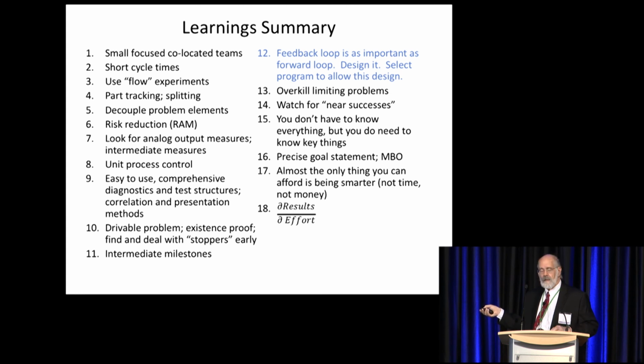It has to be in the foundations of what you do. And the second biggest thing is the only thing you can really afford in these technology progress is being smarter. You cannot afford more time or more money because there usually isn't enough to paper over problems. And you've got to look for what has the greatest partial derivative of results for effort. Sometimes you can be very clever.